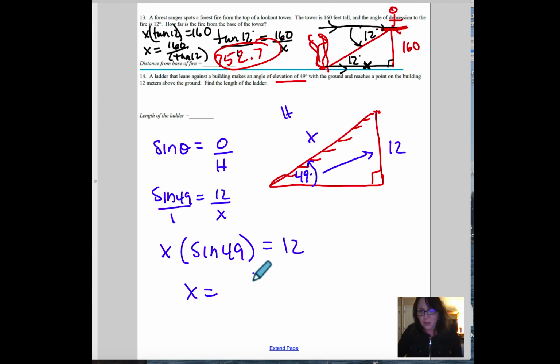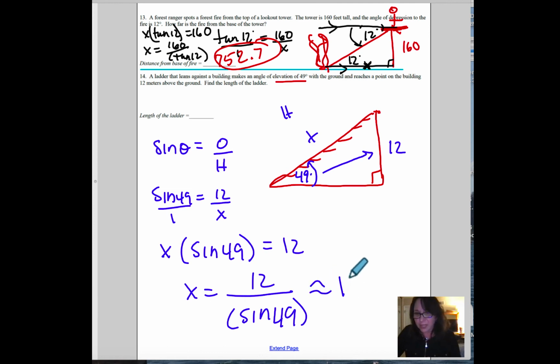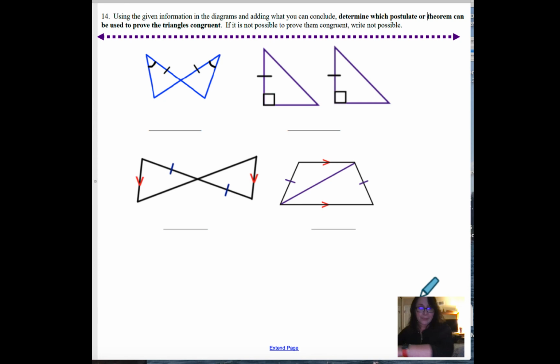I get x equals 12 divided by parenthesis sine of 49 degrees. And so that is equal to about 15.9. So this is approximately 15.9 meters is our answer.